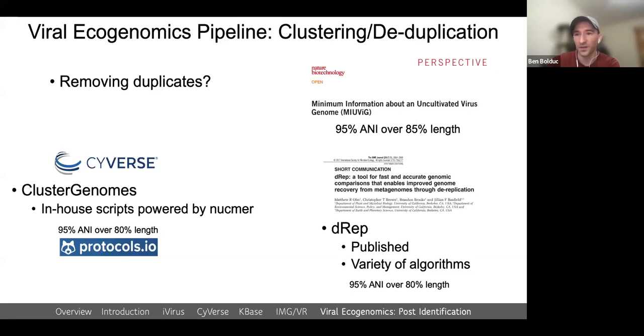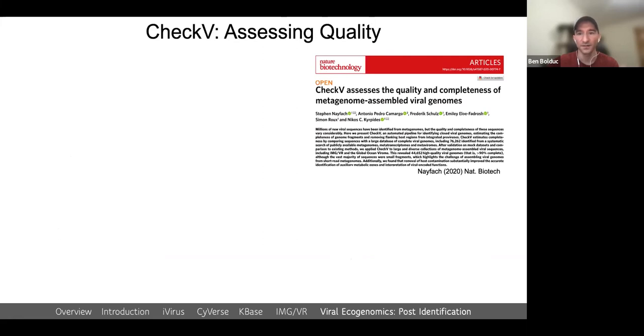And you can put in the parameters 95% over 80 or over 85%. But I strongly recommend for all the tools that I'm about to talk about, you should cluster your genomes or deduplicate them beforehand.